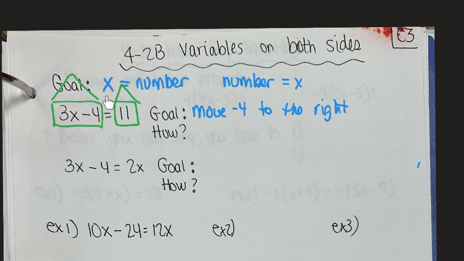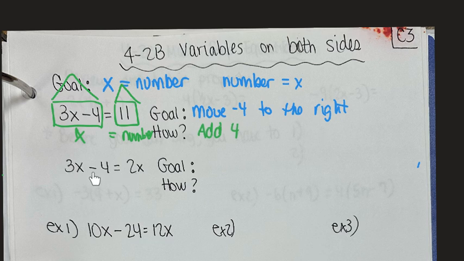The -4 needs to jump over here and live in this house because this house has numbers. So in this case, we're going to have x's on the left and numbers on the right. So how do I move that -4 to the other house? I add 4 to both sides. +4, +4, cross out, what's my answer?